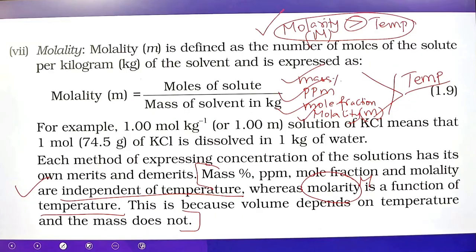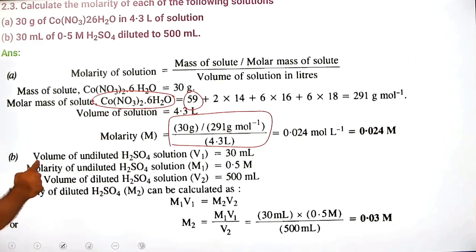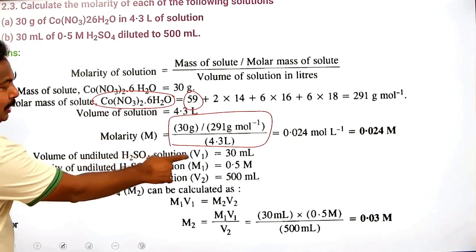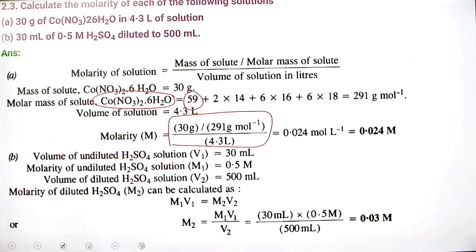Okay, I come here. What did I do? Volume of undiluted sulfuric acid is V1. Understood? Which is volume 1? Undiluted sulfuric acid. How much ml? 30 ml. Where is it given? I have it here.